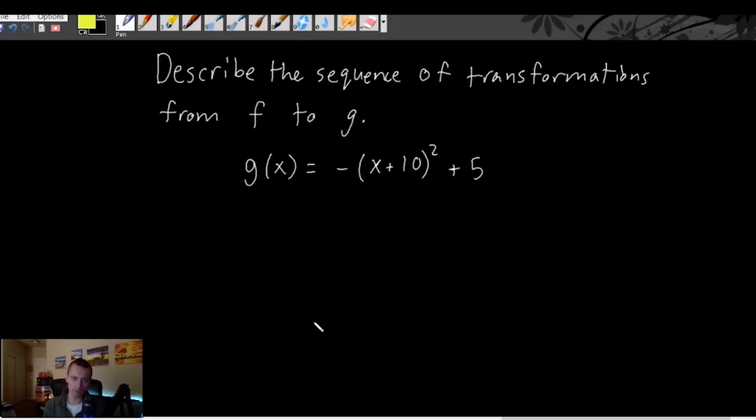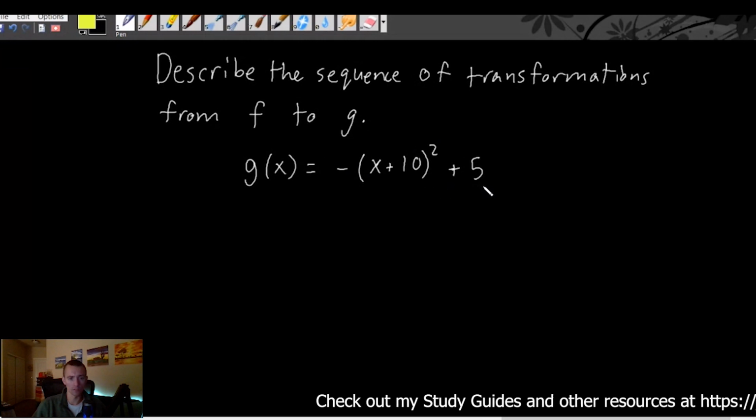Describe the sequence of transformations from f to g, where f is the parent function. So that's going to be the first thing we need to do, is think about what is our parent function. And then the function g that we are given here is negative, in parentheses, x plus 10 squared plus 5.